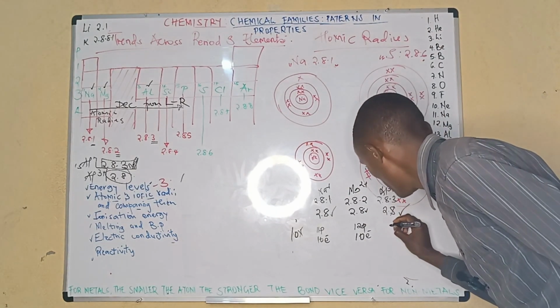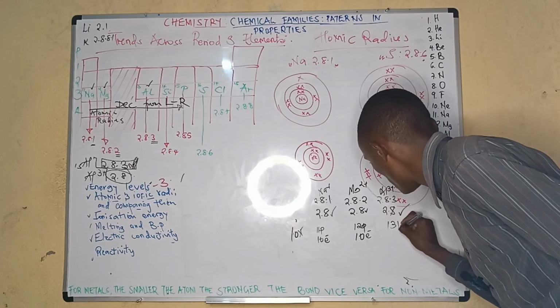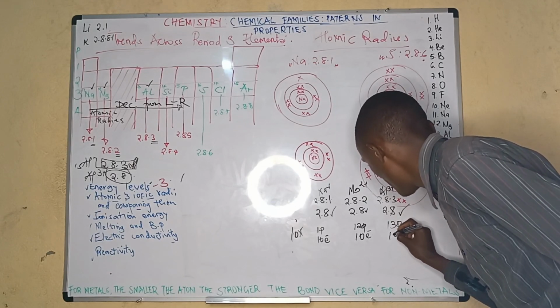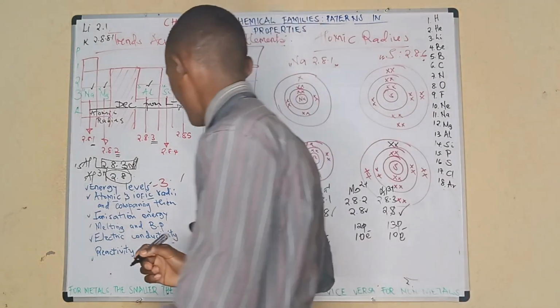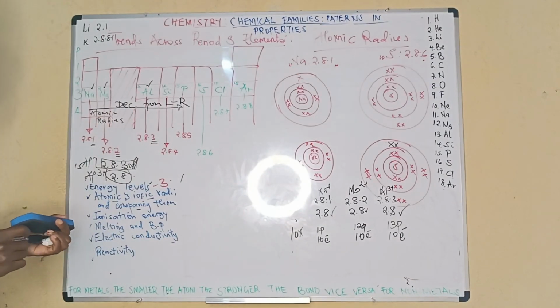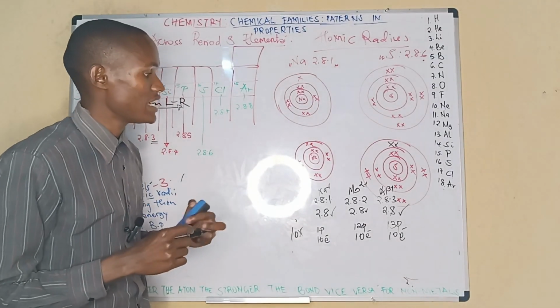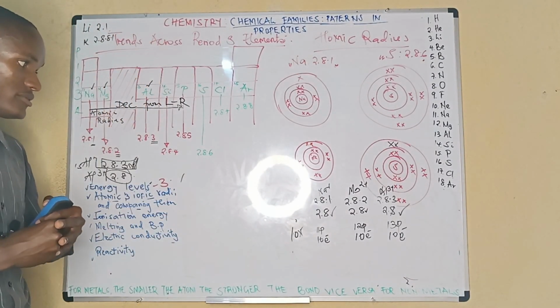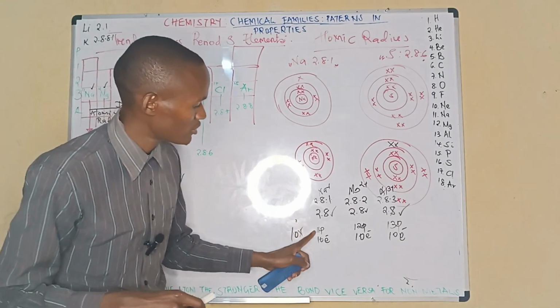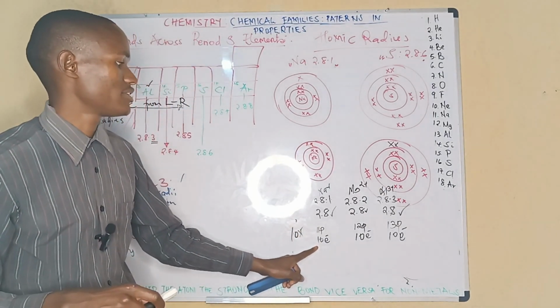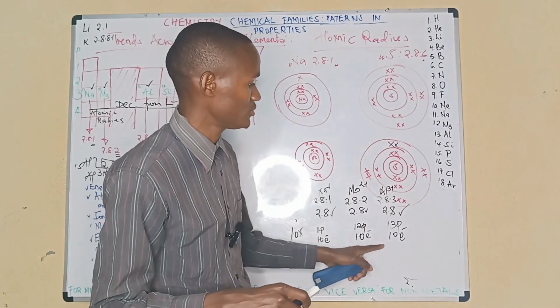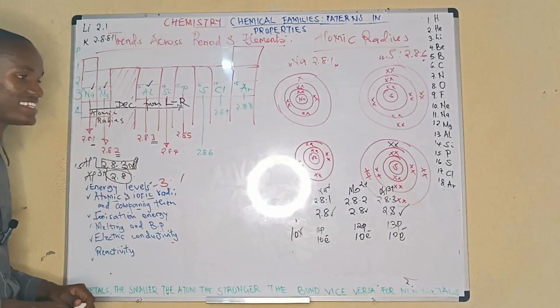And then you have aluminium. It has 13 protons and 10 electrons. Now we are somewhere. We are now comparing the number of protons and the number of electrons. 11 protons, 10 electrons, and the same case to number 2 and our aluminium number 3.